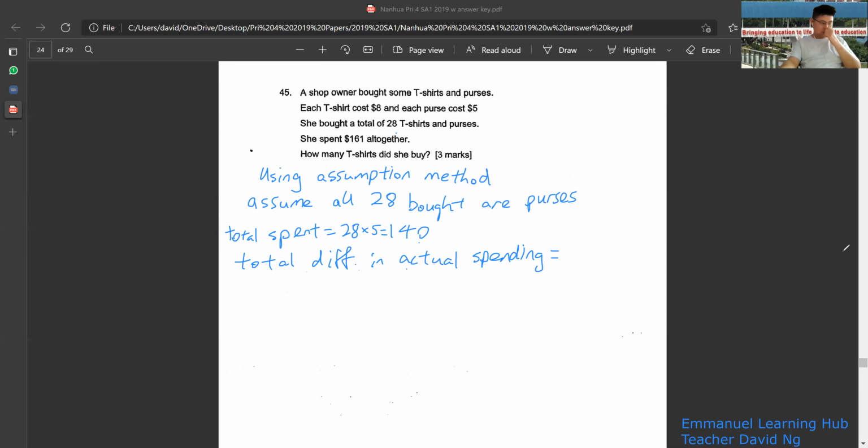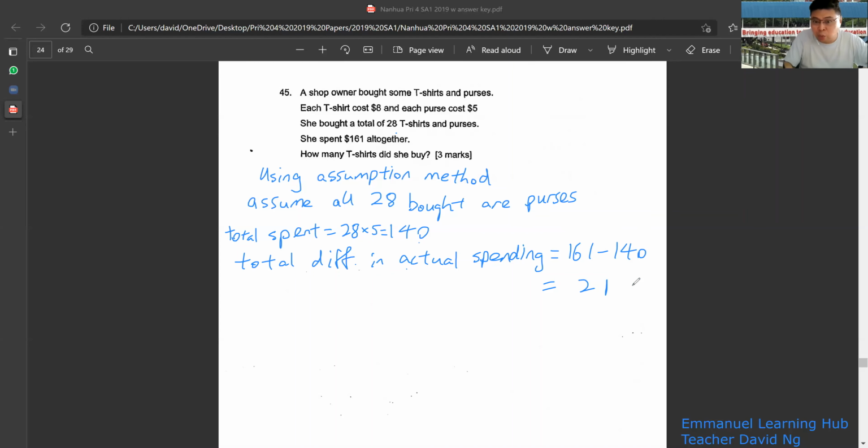He spent 161. So what's the difference? 161 minus 140. You're reading answer from my screen, so I just give you the answer.